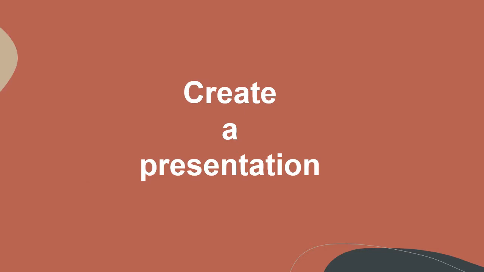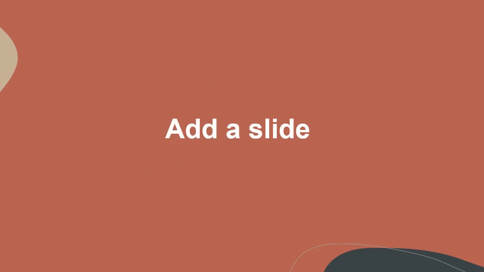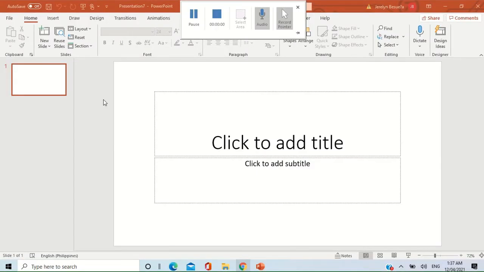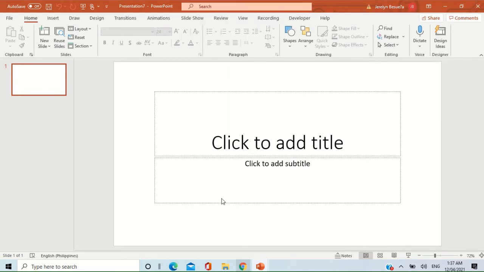Now let's proceed with creating a presentation. The first step in creating a presentation is adding a slide. I will show you how to add a slide. We already have our Microsoft PowerPoint open here.